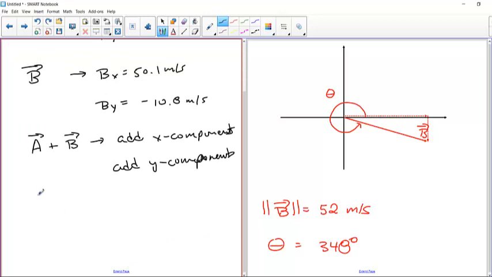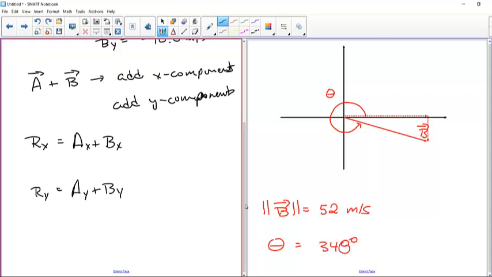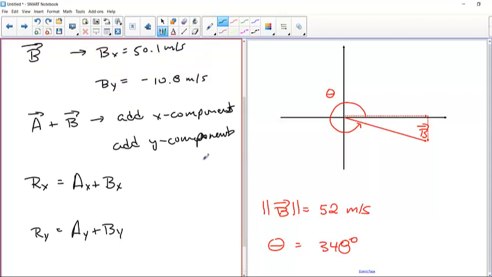And the way we represent that is we say that the x component of the resultant vector is equal to the summation of the x components of the original two vectors, and the y component of the resultant vector is the sum of the y components of the individual vectors. And that's why it's important to be able to go from magnitude and direction to components.